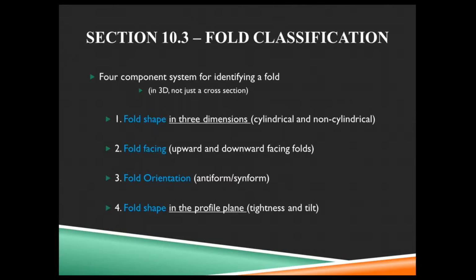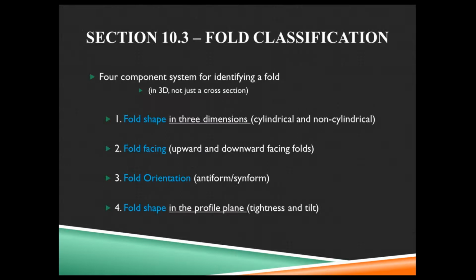Now, fold classification. This is the beginning of what you're going to do with that drawing that you did. There are 4 things that we want to identify. We want to look at the fold shape in 3 dimensions. Is it cylindrical or non-cylindrical? We want to look at fold facing.